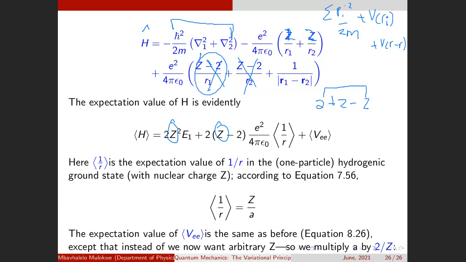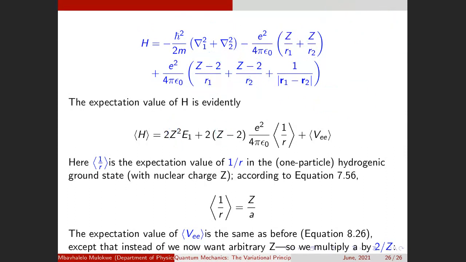I'm rewriting the 2 as 2 plus Z minus Z, and then Z minus 2 stands there, and the Z part is the thing that will be sitting there. And I do the same thing for R2. So I end up with a Hamiltonian depending on this Z parameter. Clear, right?